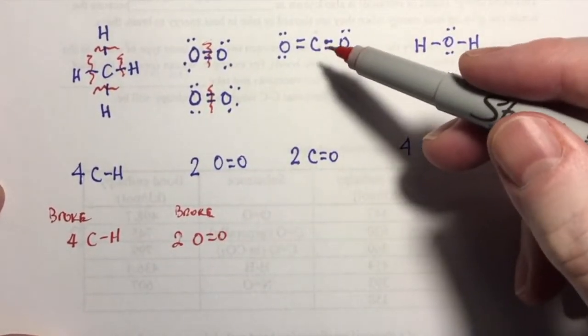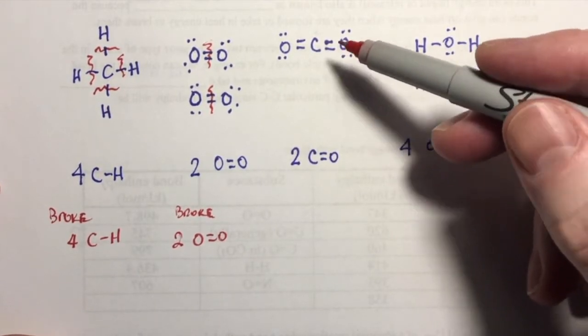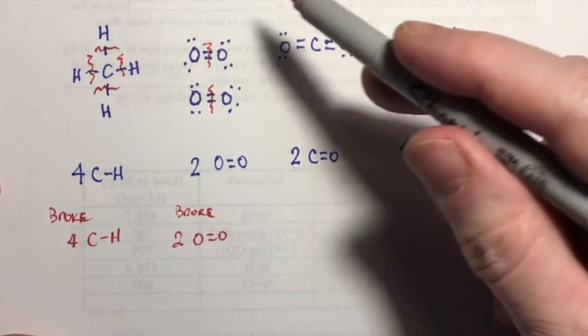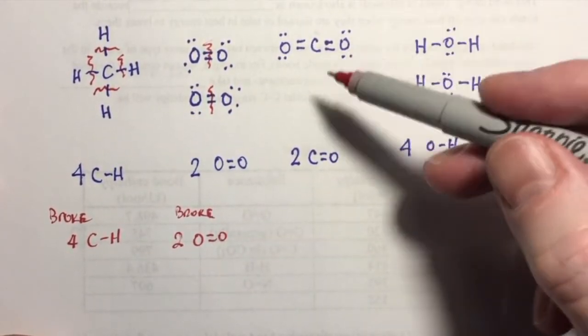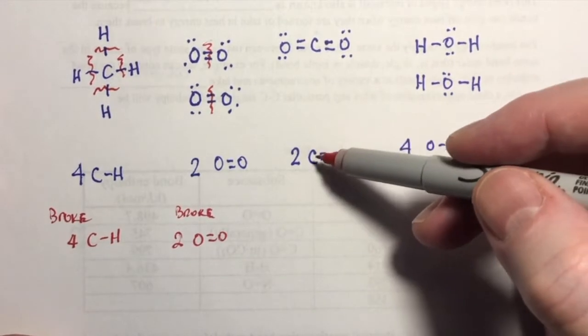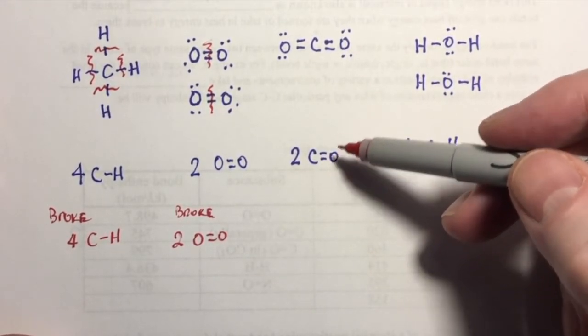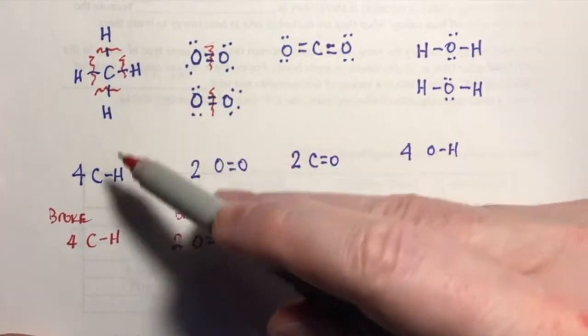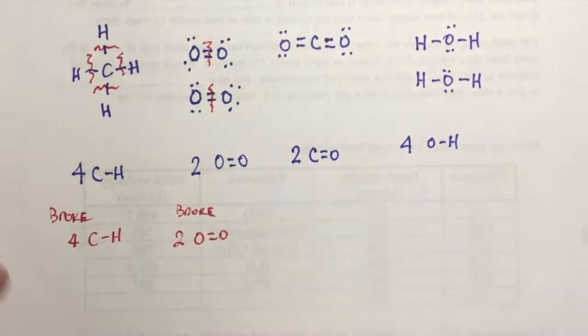In my products, I'm going to be identifying the bonds that were newly formed. That is, they did not appear in my reagents, so they must have been newly formed. Well, in this product, I have 2 carbon-oxygen double bonds, and neither of those appeared in my reagents, so it looks like both of these are newly formed.